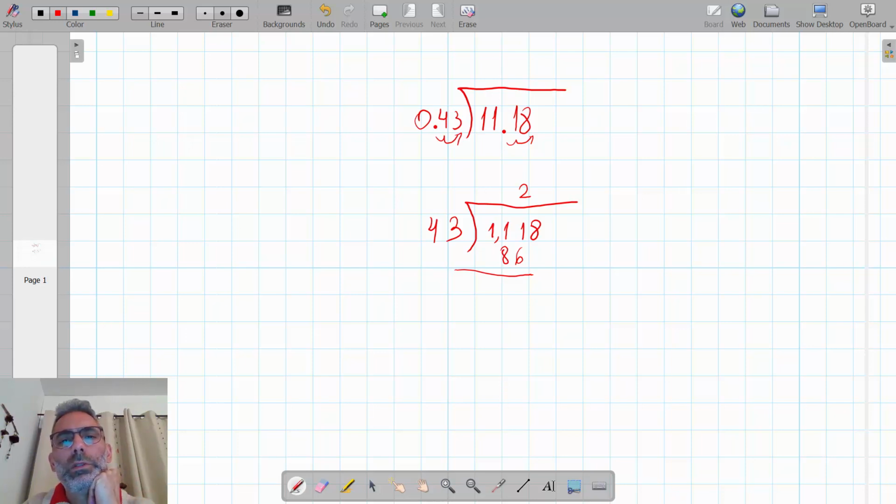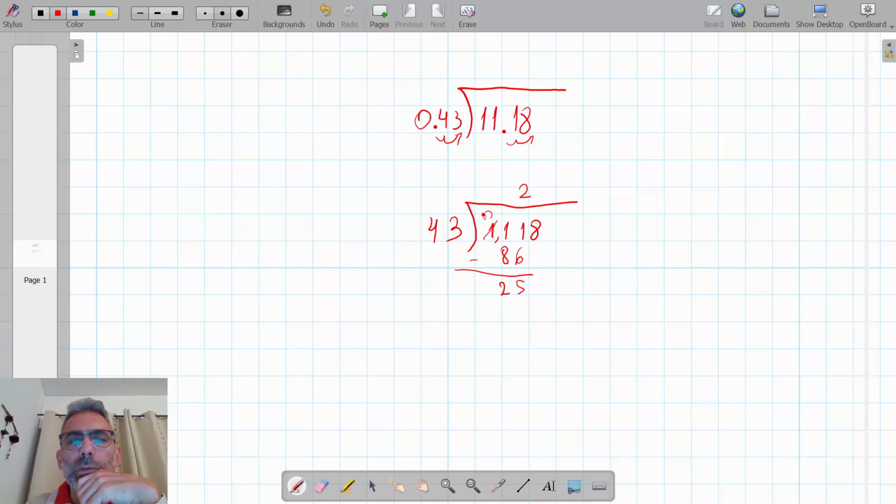111 minus 86. Okay, to go from 86 to 100, we need to add 14. 14 plus 11 is 25. 25. If we want to verify, we can regroup. So 1 minus 6, I can't do it, so I need to regroup.